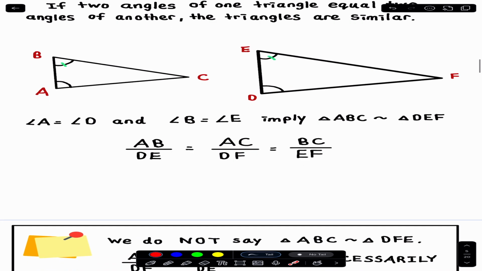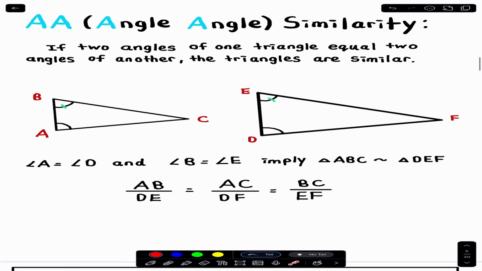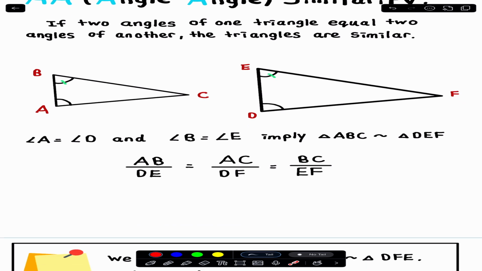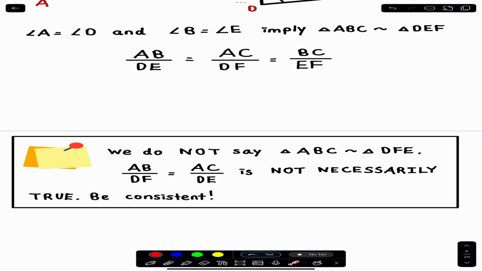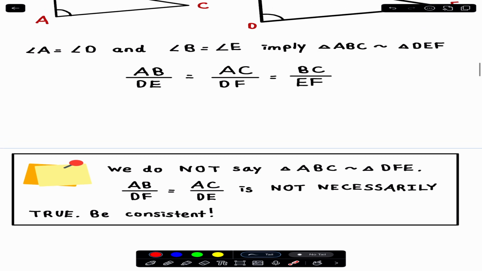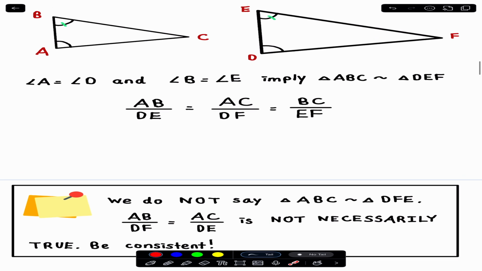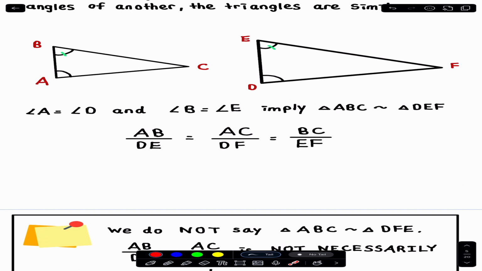Very, very important note, I said this before, but it's worth saying again. Notice that we do not say, so this is incorrect, that triangle ABC in this diagram is similar to triangle DFE. That would actually be incorrect. That is not the same. Make sure you see this. This is not saying the same thing as this. Let's take a look why.